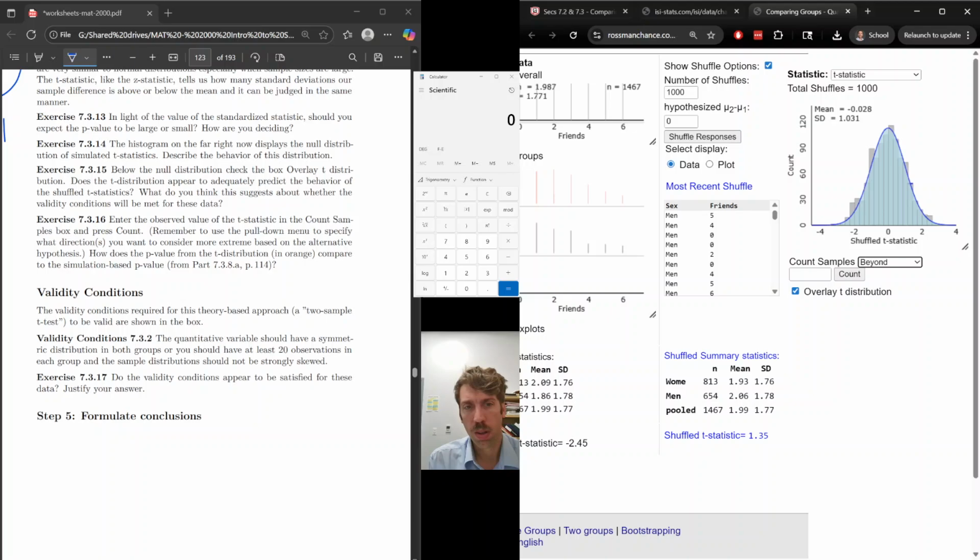So in this case, do the validity conditions appear to be satisfied for this data? Justify your answer. You can use two things in your answer. You should be matching up whether our data matches this, but since our data matches the t-distribution really well, your answer should probably be yes. So how does our data match those validity conditions?